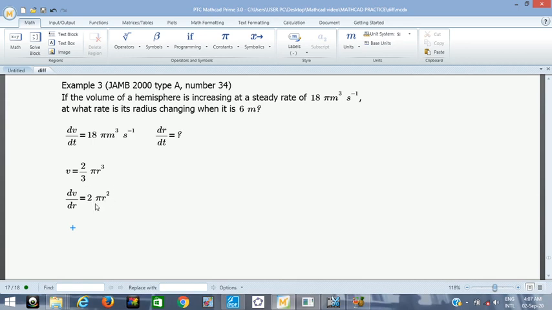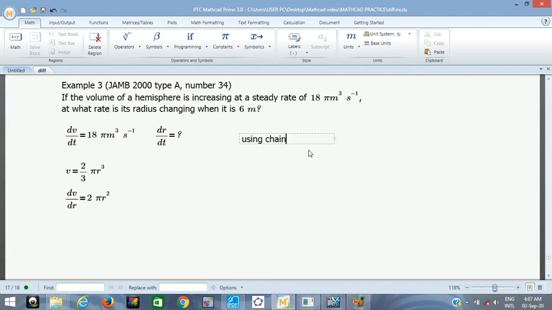Let's see how the chain rule can help us now. If I multiply dV/dt with dr/dt, this times this, will it give us something like this? We just need to check and see. So let's use our chain rule and check.